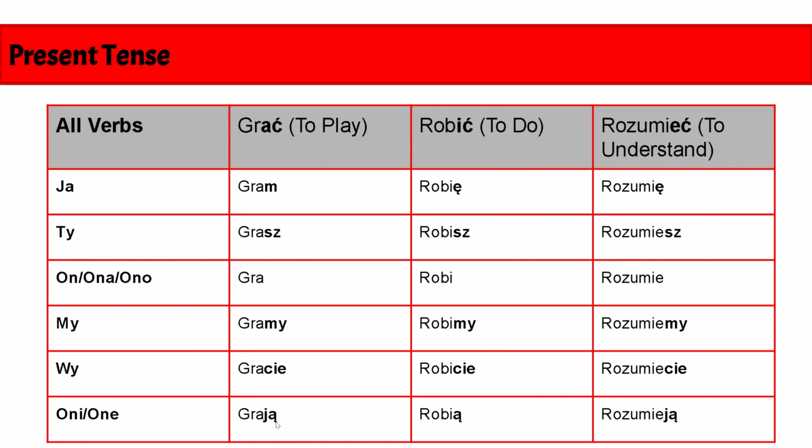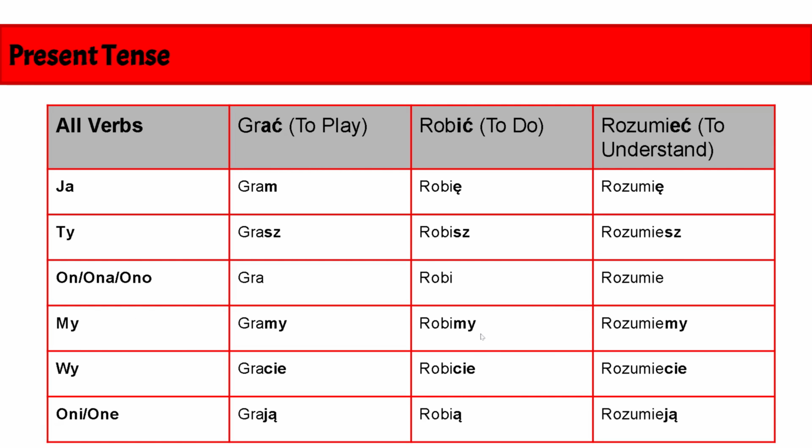Now, reminder that you just learned the conjugation for almost every regular ać verb, because all of these endings will apply to every other verb with that same conjugation pattern, especially in the present tense. Now let's go to the ić verb, which is robić, or to do. Ja robię. Instead of ja robim, it's ja robię. Ty robisz. On, ona and ono robi. We're taking that ć away, as we did over here.